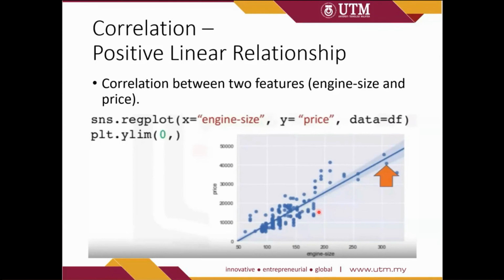In this example, you can see that the straight line goes through the data points, and it's very steep, which shows that there's a positive linear relationship between the two variables. With increased value of engine size, value of price goes up as well, and the slope of the line is positive. So there is a positive correlation between engine size and price.